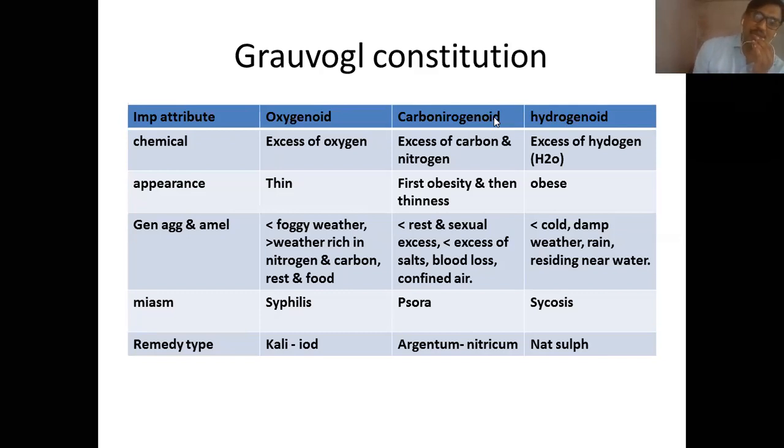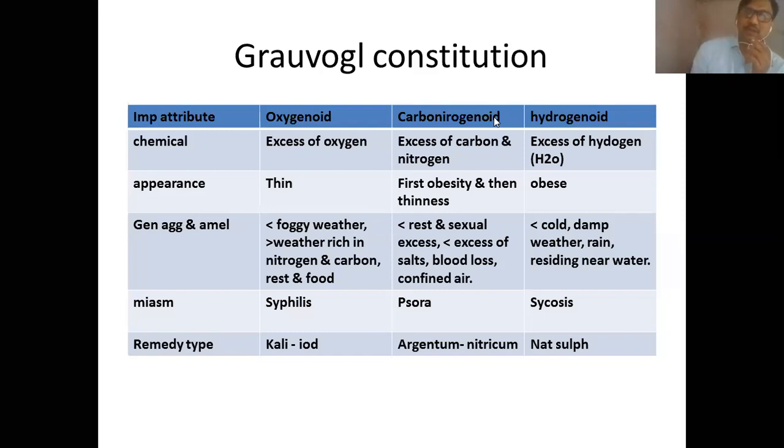And the physical appearance of this person: usually these persons are very thin, and their complaints are aggravated in foggy weather. And why in foggy weather? The explanation is given because in foggy weather there is more oxygen.